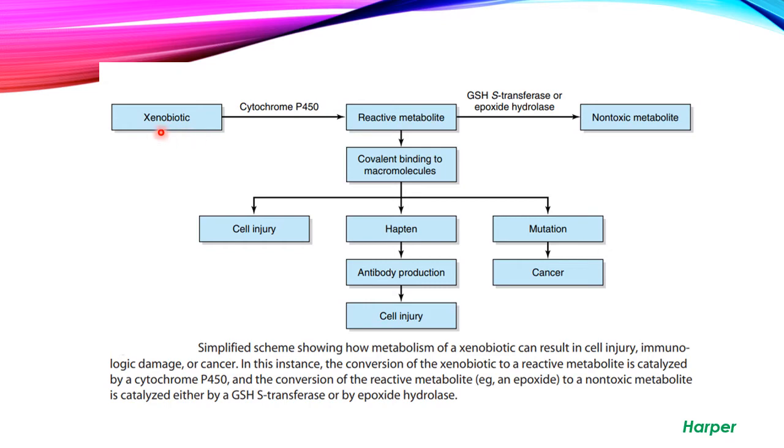Normally what happens is that whenever xenobiotic is exposed to body, then it is processed through cytochrome P450 system into a reactive metabolite. For example, it may be converted into epoxide.